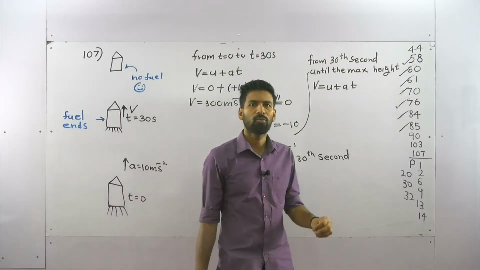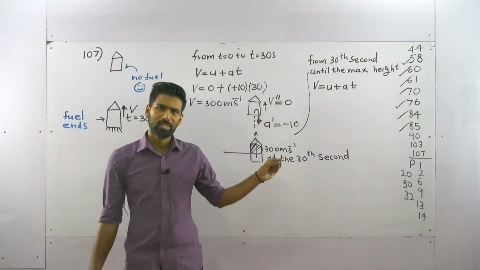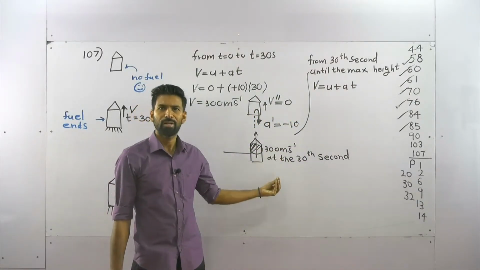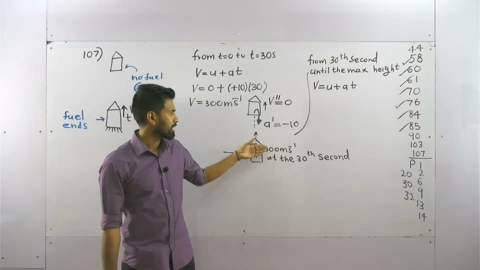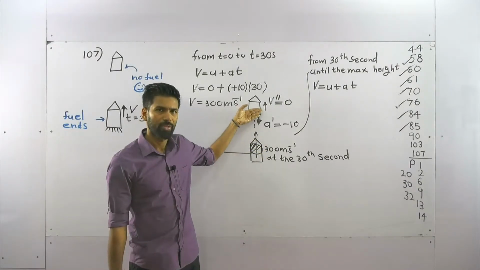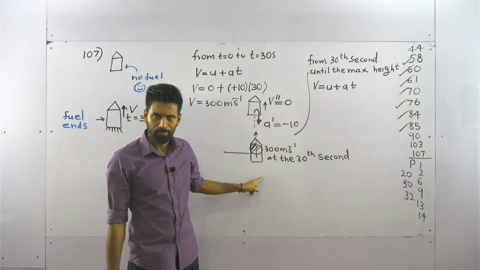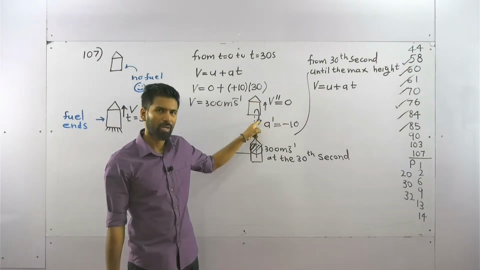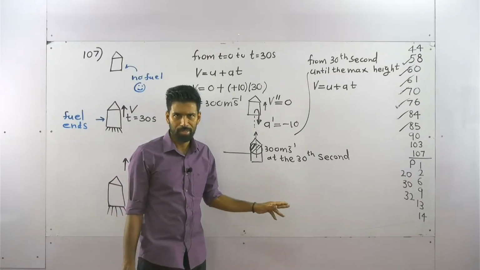After this, fuel is over, so this additional force is not there, so it's just an object which has the weight downward. So it will face the motion under gravity from there, and it will move upward further until its velocity is 0, before turning back and coming down like the previous stones we studied.